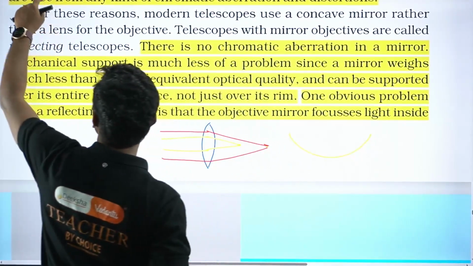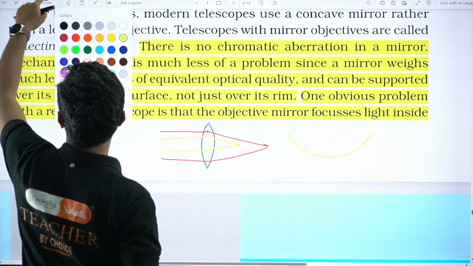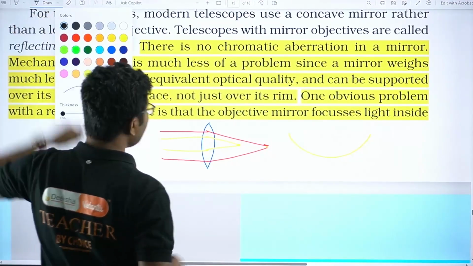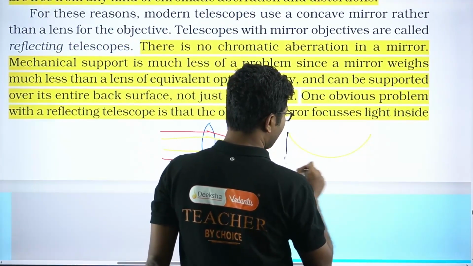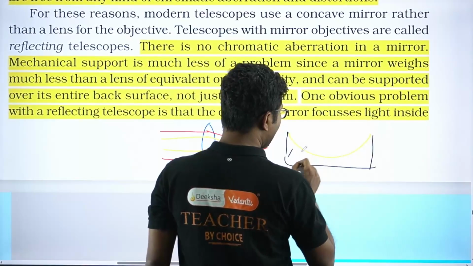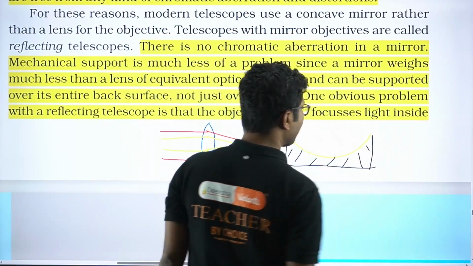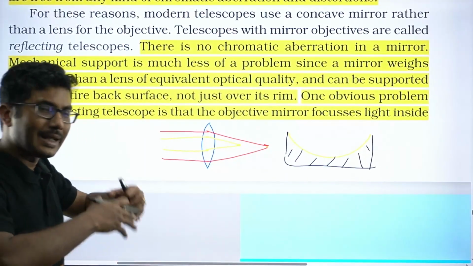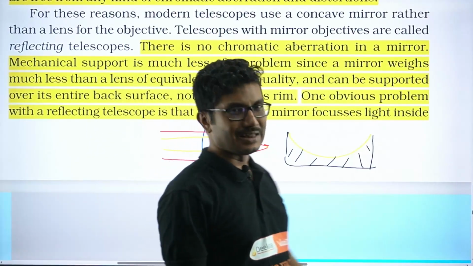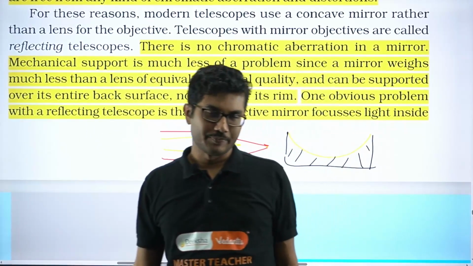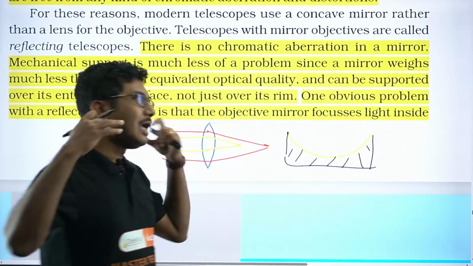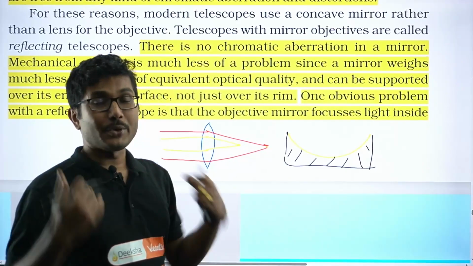If you draw a spherical mirror, you can support it from the bottom part. The entire bottom part can be used to support the mirror. That is why you can make large spherical mirrors easily without much difficulty. So spherical mirrors can be constructed larger compared to lenses.